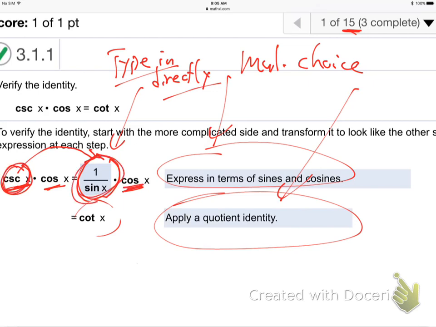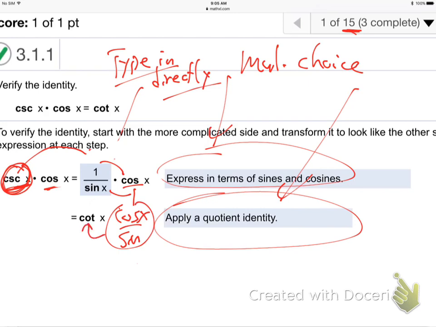Kept the cosine there. And then, why does 1 over sine times cosine end up being cotangent? Are you aware of that? Yeah, because this is really over 1, so this is putting them together, this is cosine over sine. 1 times cosine over sine times 1 is cosine over sine, which indeed is cotangent.